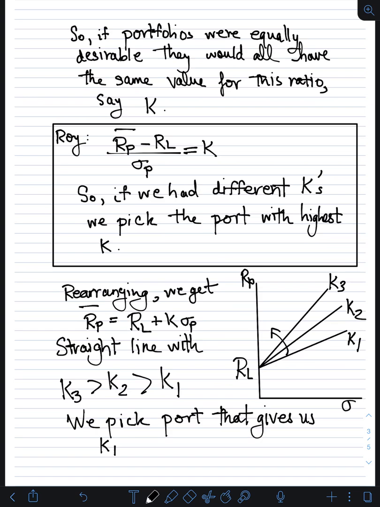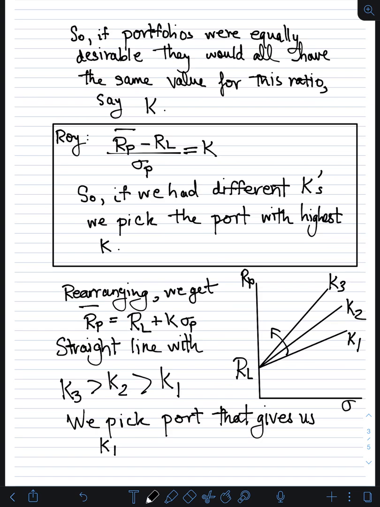Basically, if the portfolios were equally desirable, if all the portfolios had the same probability of being chosen by us, that means they'd all give us the same value for that ratio. If it was the same value, we can call it any letter.